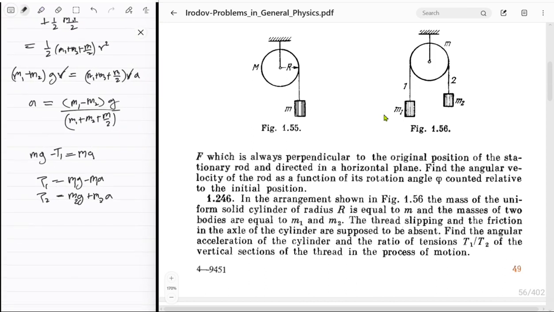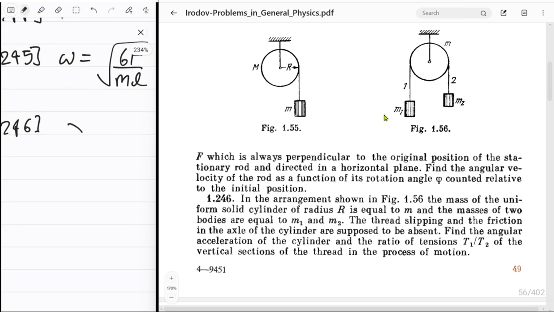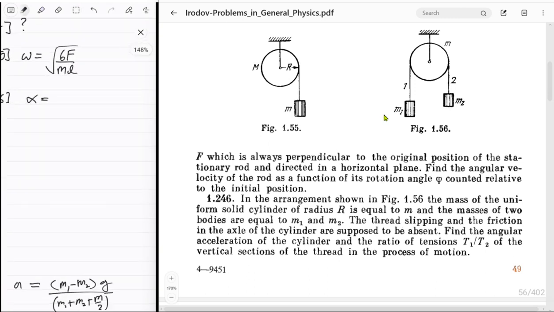And also you want alpha. Alpha is this thing upon R. Perfect. So you got the first answer, the angular acceleration, which is equal to (m1 minus m2) upon (m1 plus m2 plus m upon 2) times g upon R.